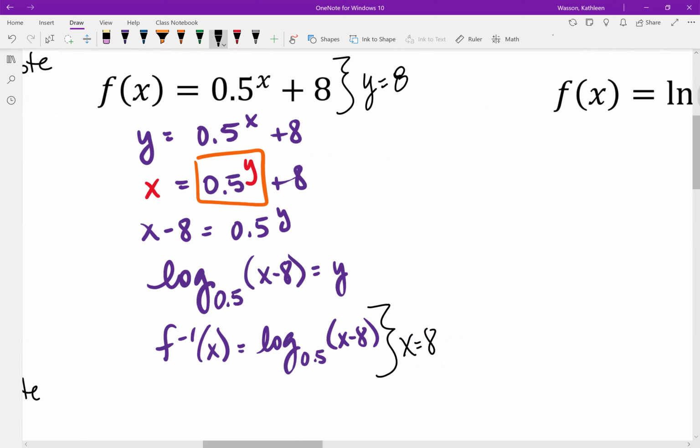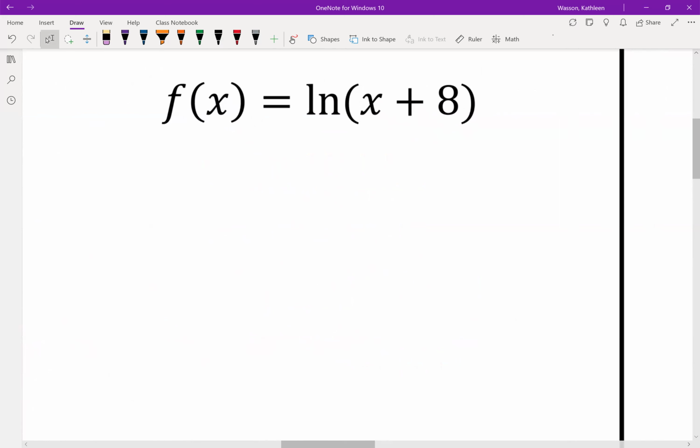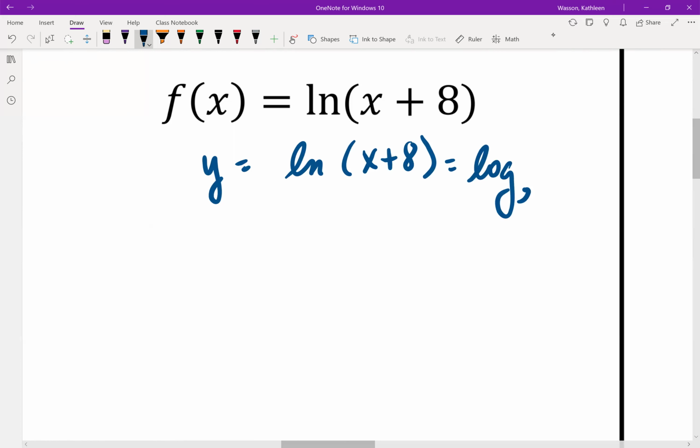All right. Hopefully this is going smoothly for you. Let's look at this one. I got one of my funny looking logs. This is a natural log, that's ln. When I rewrite this, I need to remember what my base is for a natural log. So here I have y equals natural log of x plus 8, which means log base e of x plus 8.